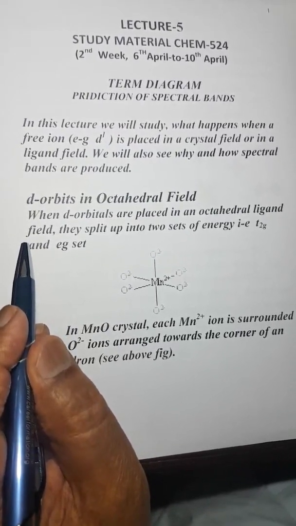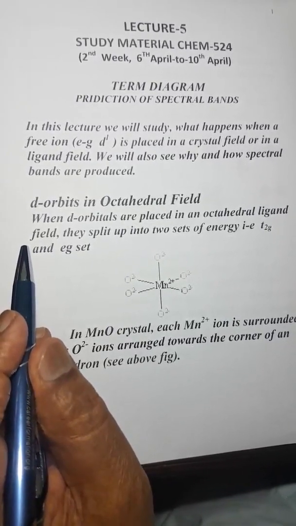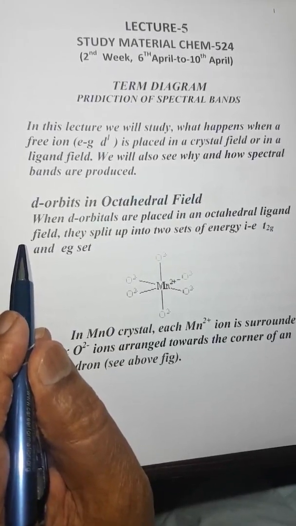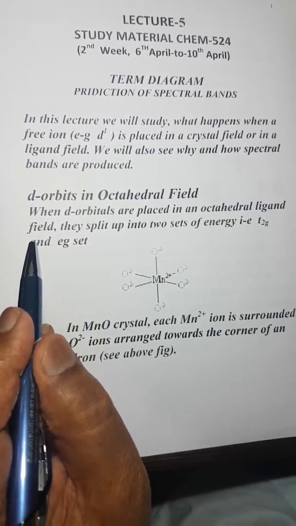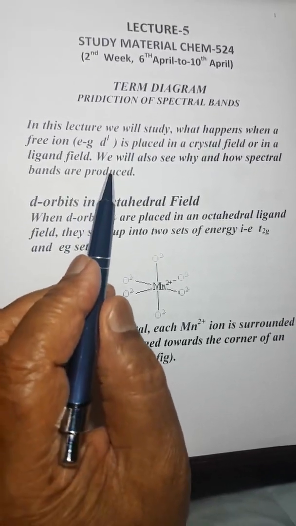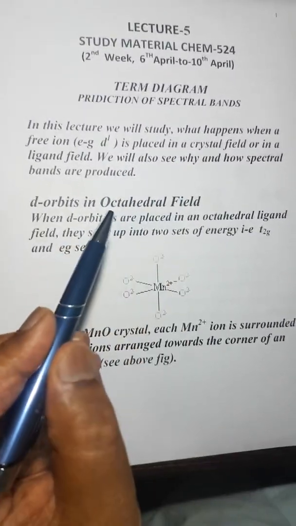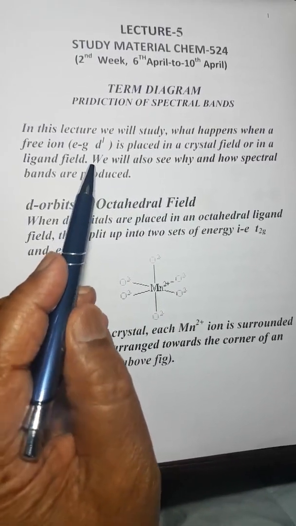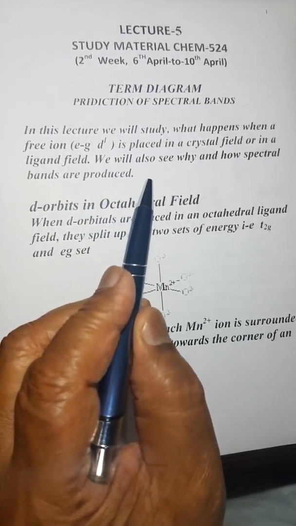In my last video lecture, I explained crystal field theory. It's not a difficult theory. It is simply the interaction of a metal ion with ligands. Please note that the metal has electrons in it.